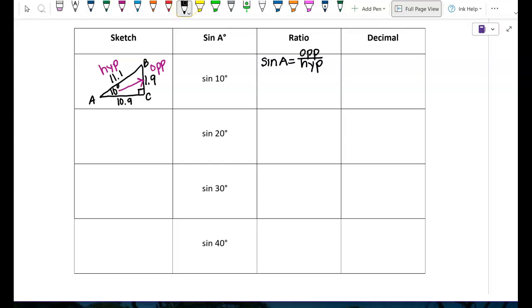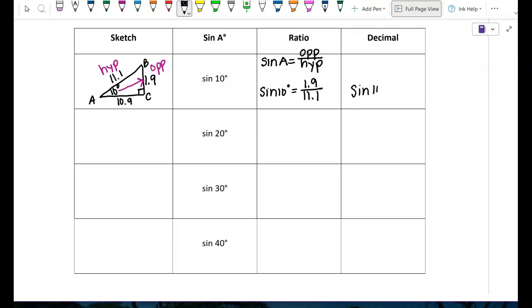So as a ratio, the sine of 10 degrees is 1.9 divided by 11.1. Now, the next column, they just want me to take that 1.9 divided by 11.1 and turn it into a decimal, rounded to 3 places.